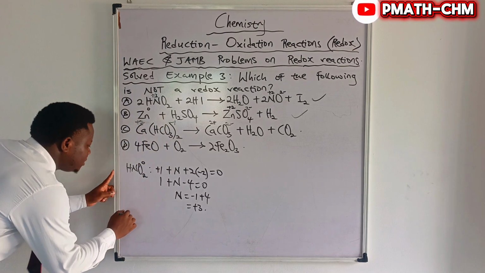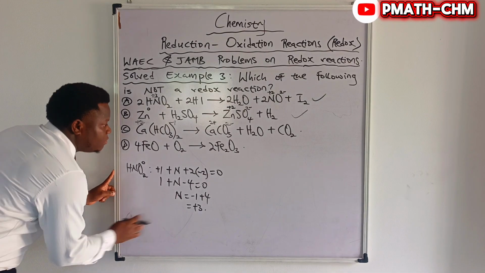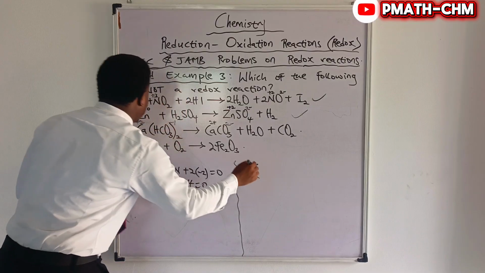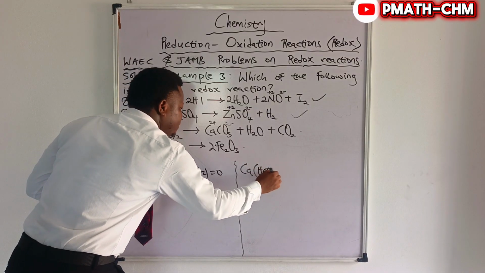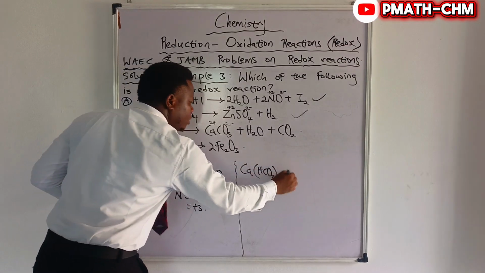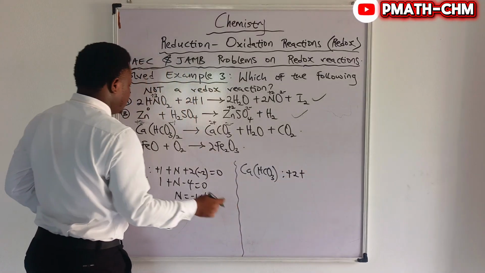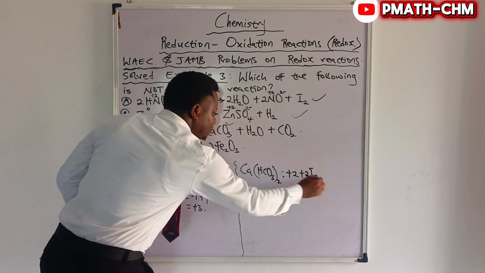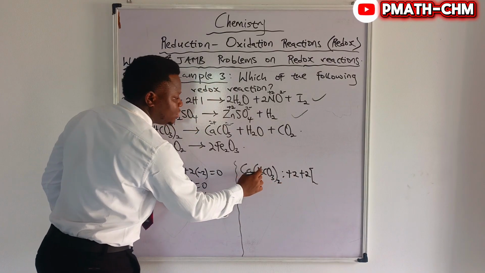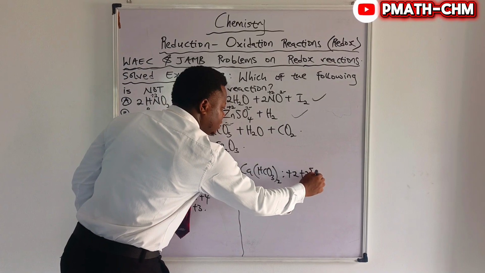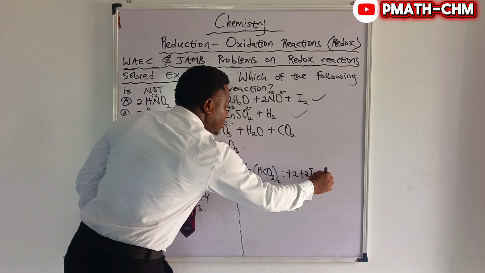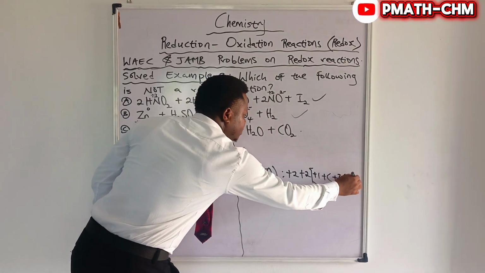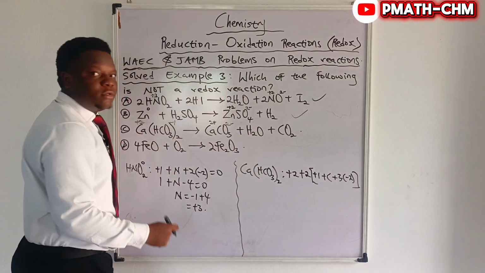So for Ca(HCO3)2, we have that calcium is plus 2. Plus there's a number here. This number here affects the whole of the bracket. So you write the subscript first. Hydrogen is carrying a charge of plus 1, like we know. Then plus carbon is what we're trying to find. And then we have 3 oxygen. So let's solve for carbon together.